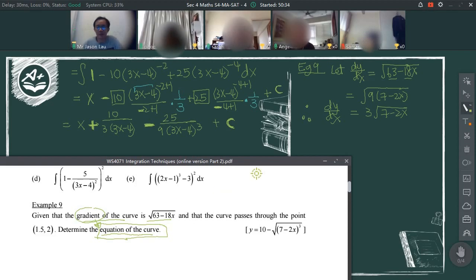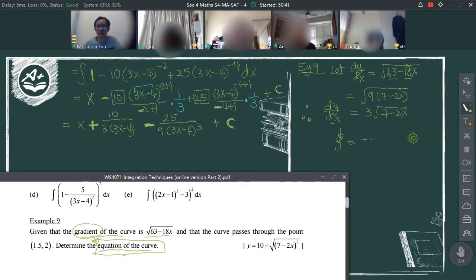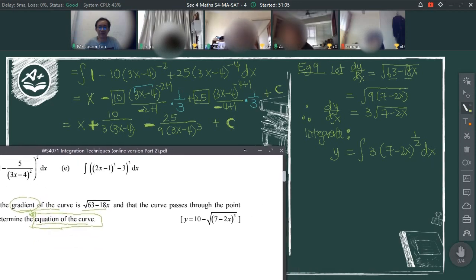And after that, to get the equation of the curve, we need to find y equal to something, right? So we are going to do integration now. Yeah, so we integrate. Then we get y equal to 3. Then at the same time, let's cut down some steps. We write the square root as power half, so we can cut down a step.